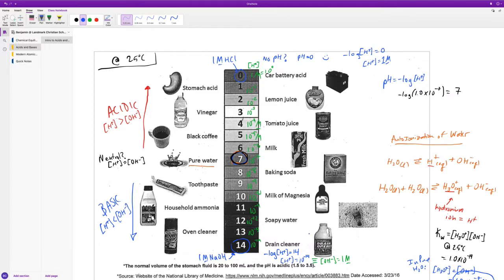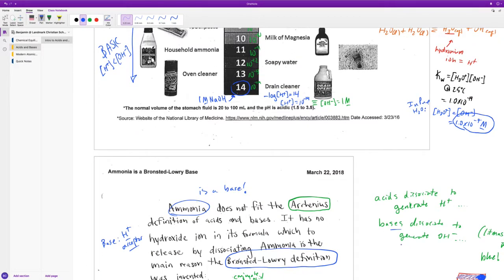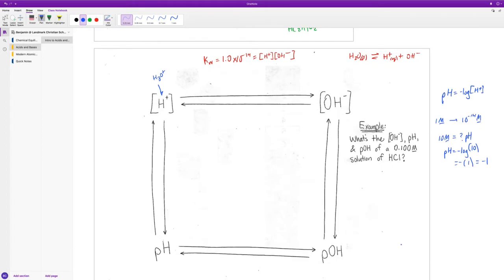And of course, if you had something like a very, very small concentration, 10 to the negative 16th molar H+, well, that would actually imply that your OH minus concentration is really high. About 100 molar.